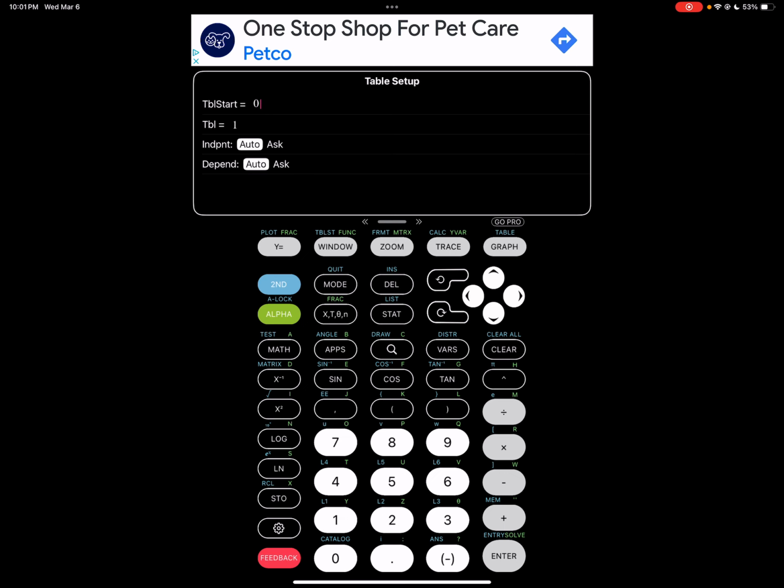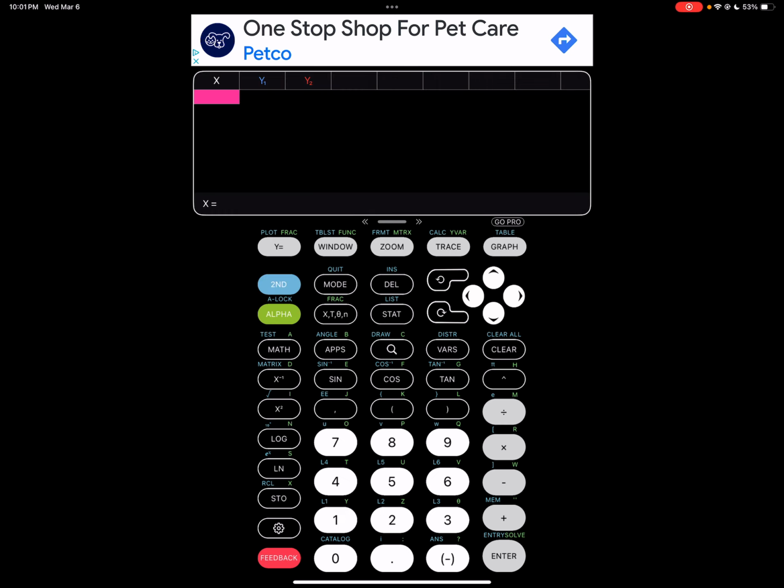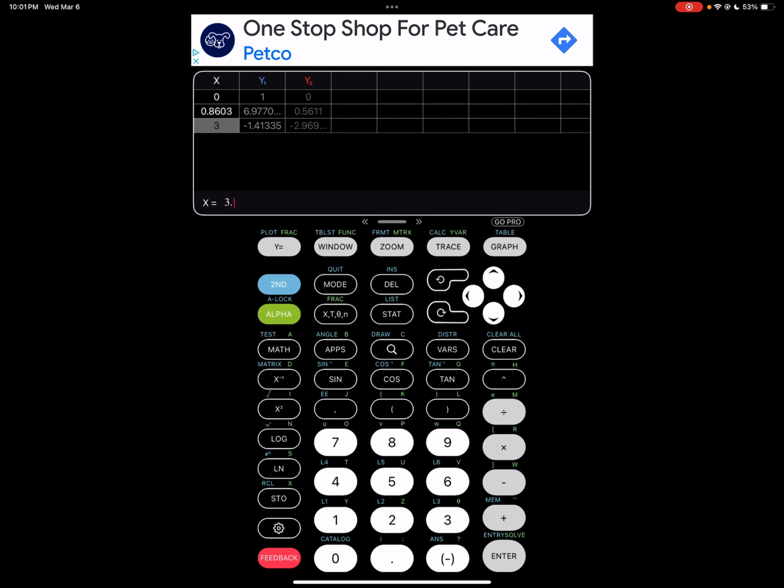So I did second window so that I can do ask. That way, whenever I go to the table, you don't see anything, and then you could type in your values. So I'm going to type in 0, 0.8603, 3.425, and also 3 pi over 2.